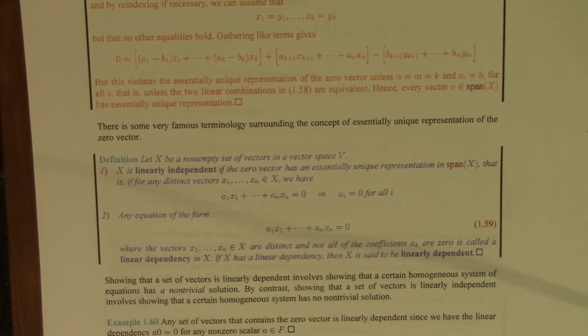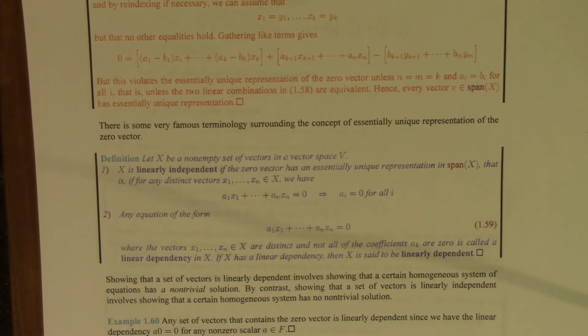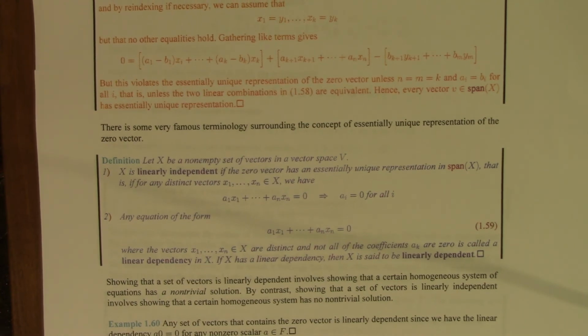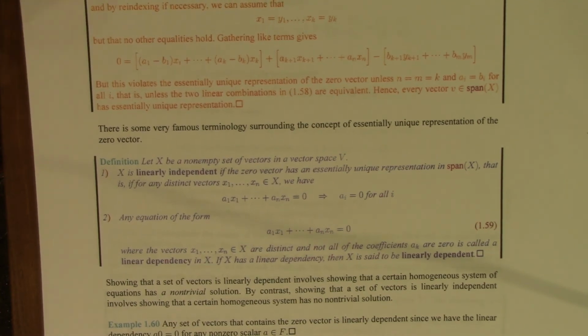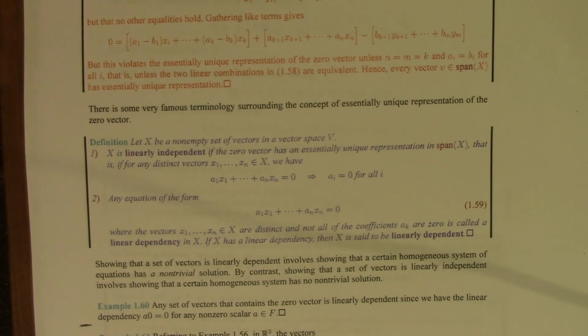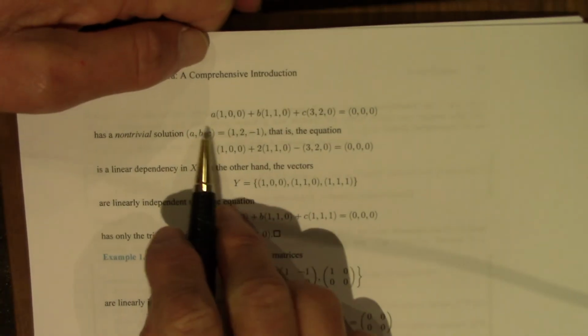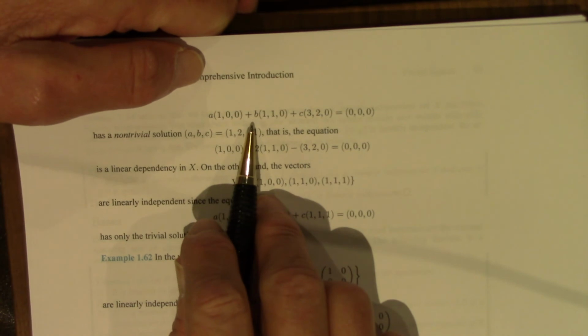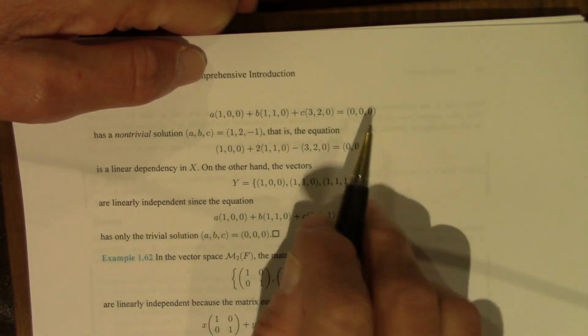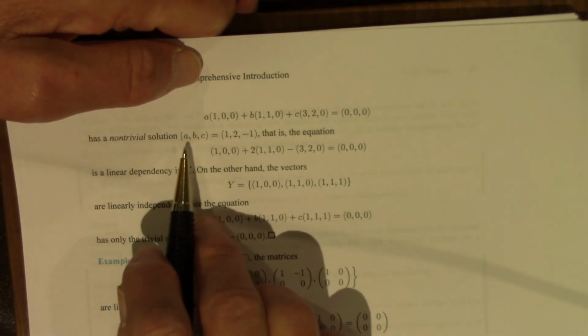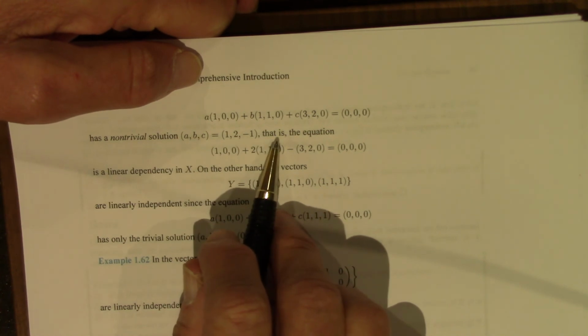Referring to a previous example, 1.56, these three vectors are linearly dependent because the homogeneous system, right here, a times the first vector plus b times the second plus c times the third equals 0, has a non-trivial solution.